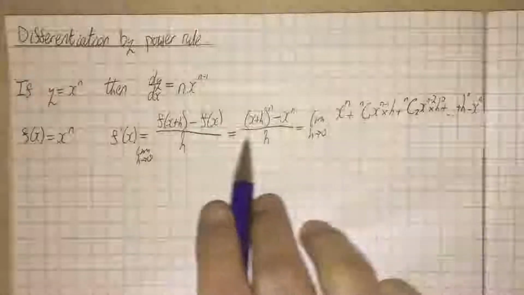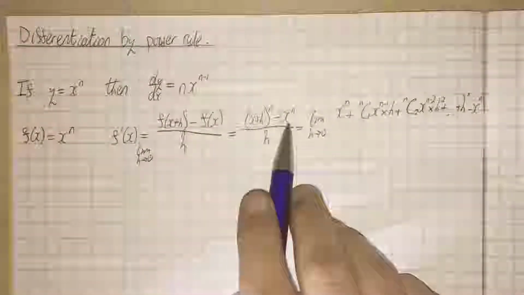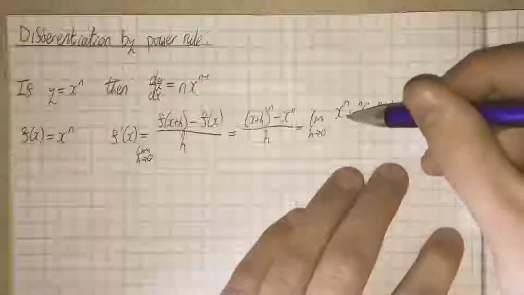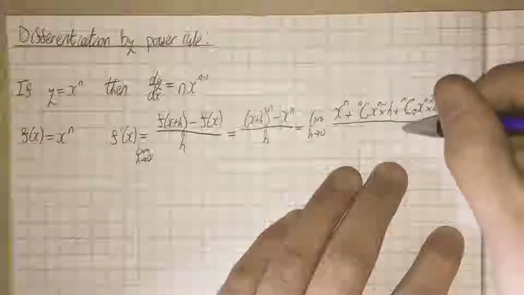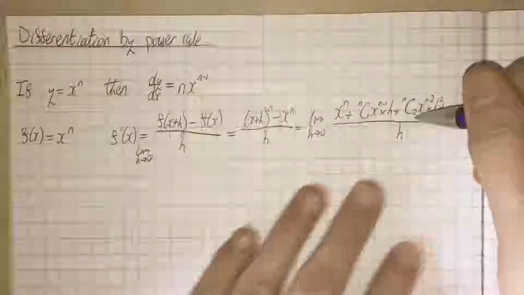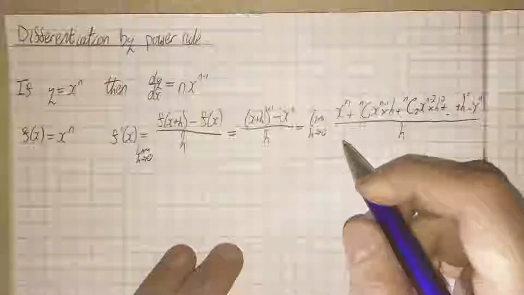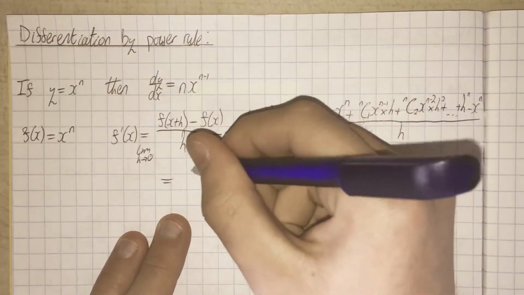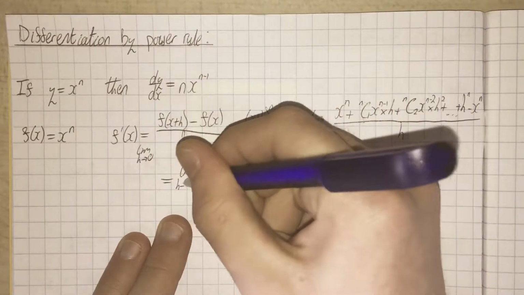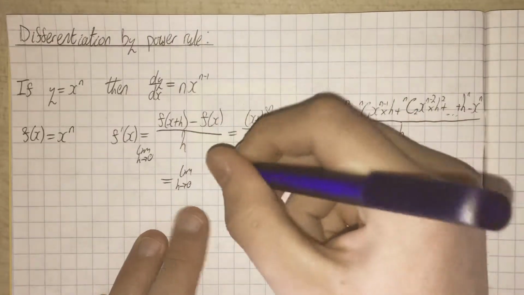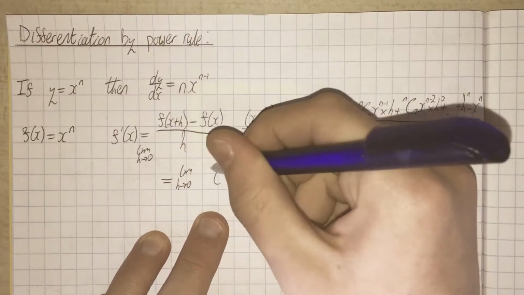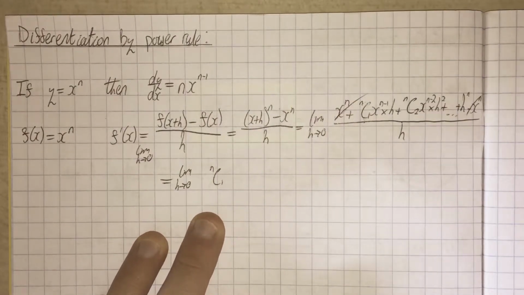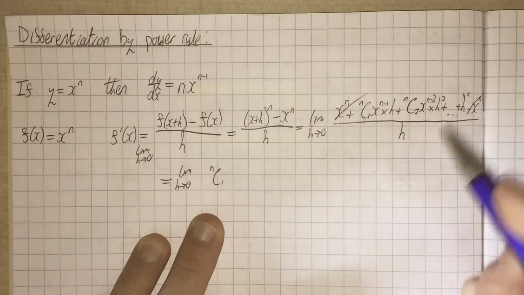Minus x to the n is of course from this bit here, which is just our f(x) function, and this is of course all over h. So we've got a bunch of h's here, so this will equal the limit as h tends towards 0, we'll get nC1, of course the x to the n there and x to the n there will cancel off, so we needn't worry about those.